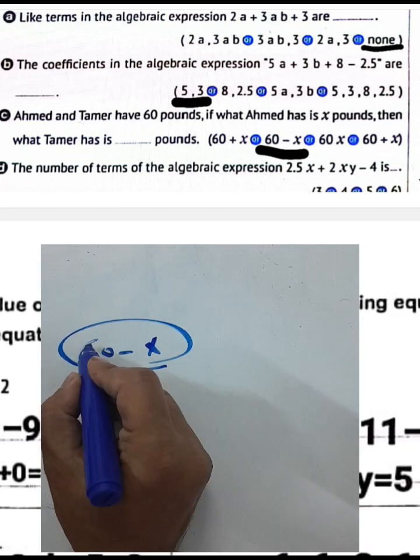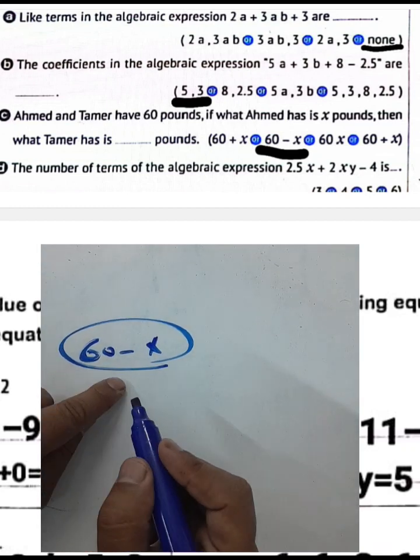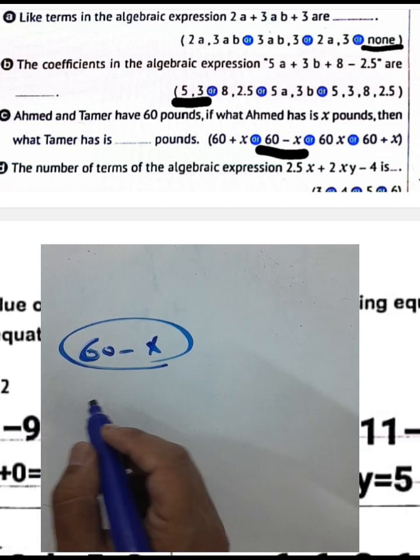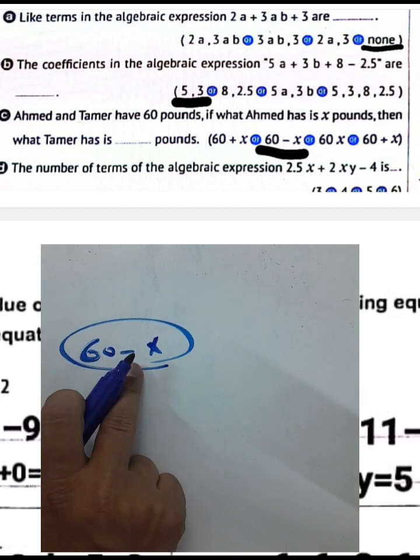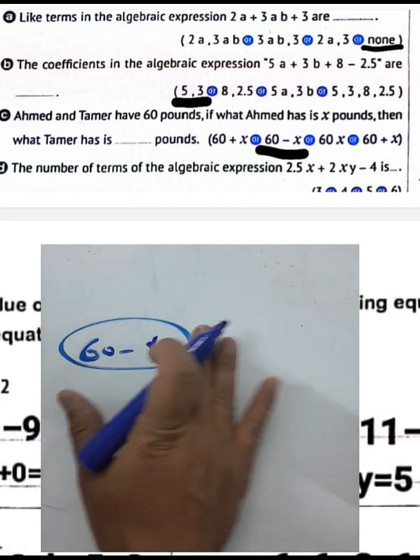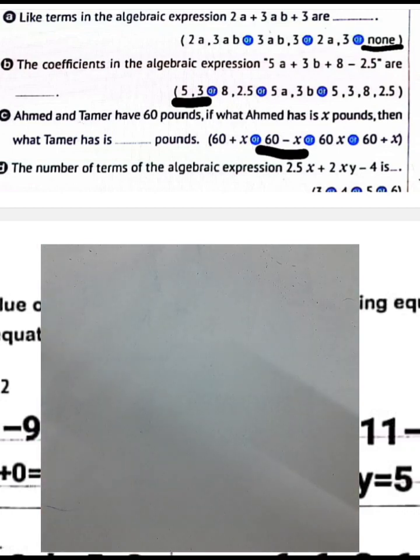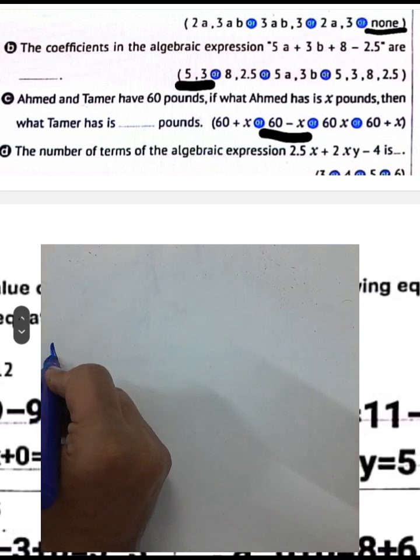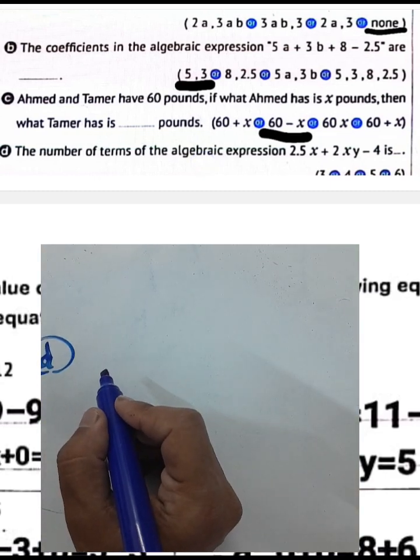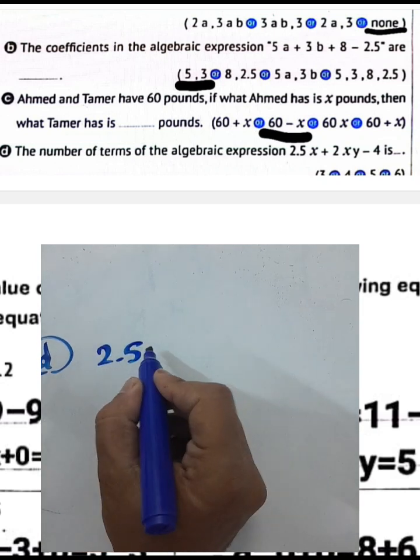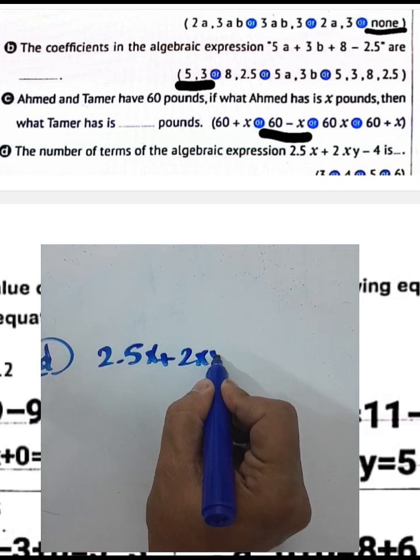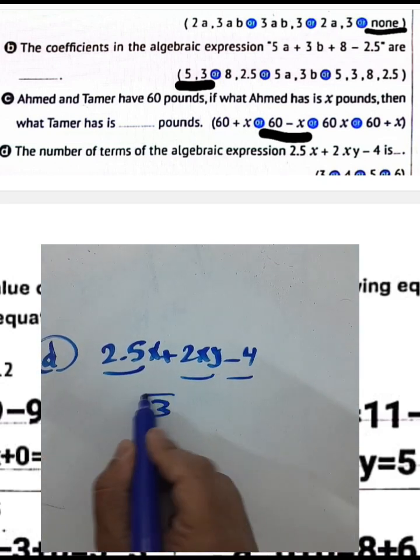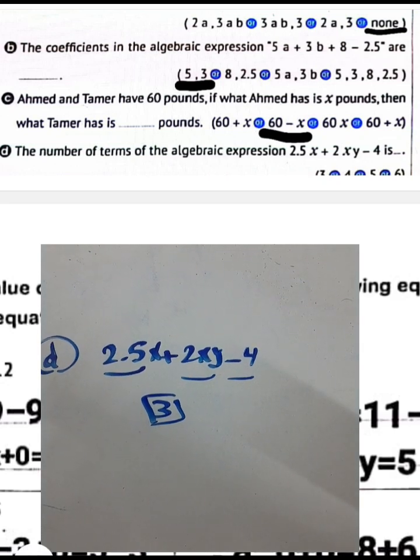So we write 60 subtract x to find what Tamer has: 60 minus x pounds. Next question, letter D. The number of terms of the algebraic expression 2.5x plus 2xy subtract 4: 1, 2, 3. We have 3 terms, so the result will be 3.